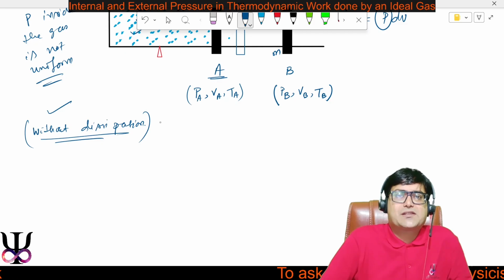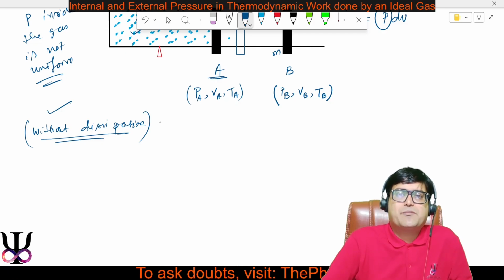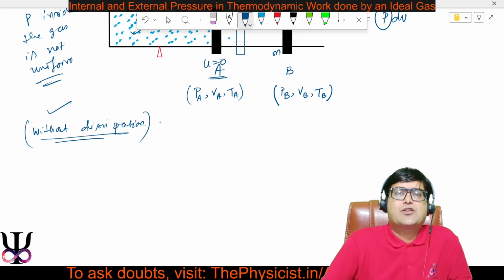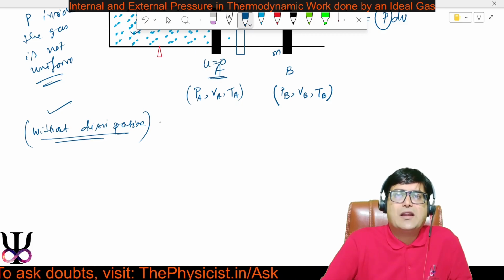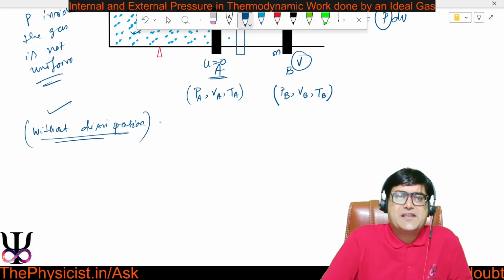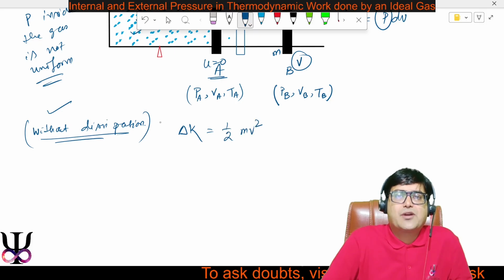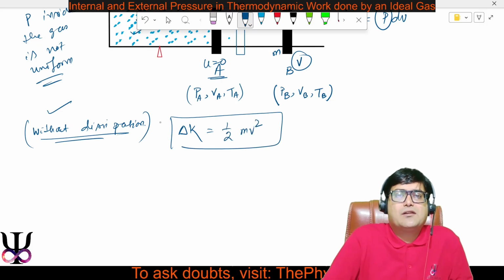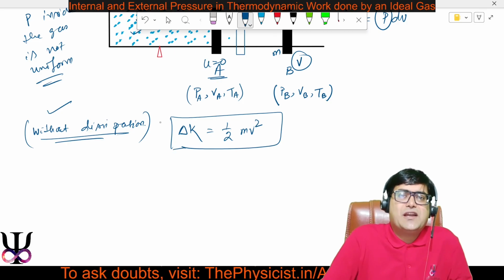In that case, imagine the piston starts with an initial velocity u that is 0, and after the expansion the velocity of the piston is v. Then it has gained some kinetic energy, right? So the change in the kinetic energy is half mv squared. And where does this change in kinetic energy come from?